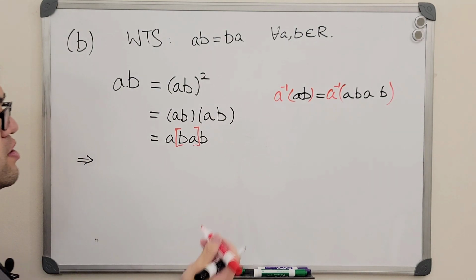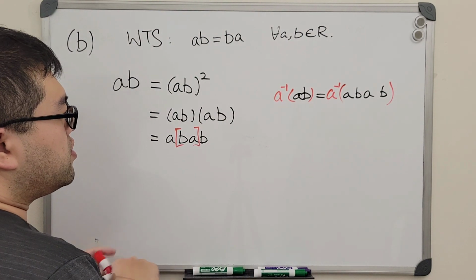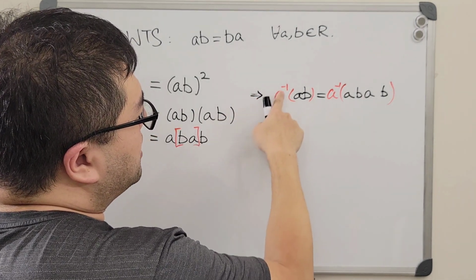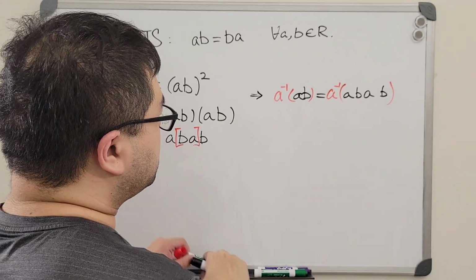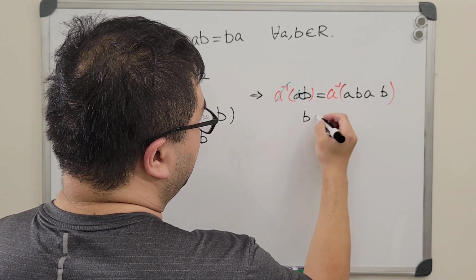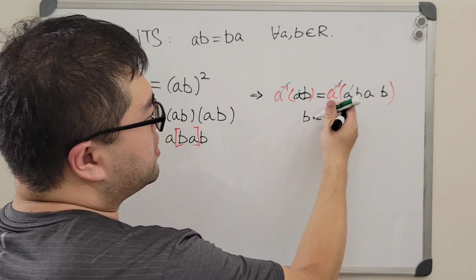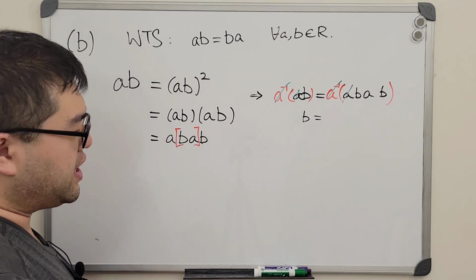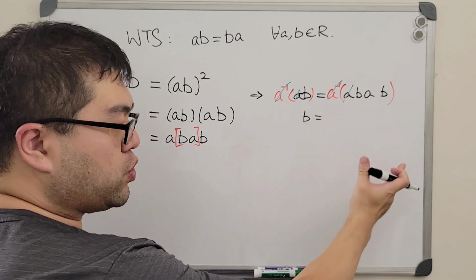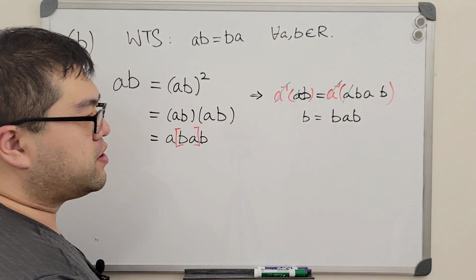Then as we multiply A inverse on both sides, on the left hand side the A inverse and A will cancel out, so that we only have a B remaining. On the right hand side, of course, the A inverse and A next to each other will cancel out. Again, that's based on the associativity, that we can multiply in any order we want, such that now we only have B, A, B left.